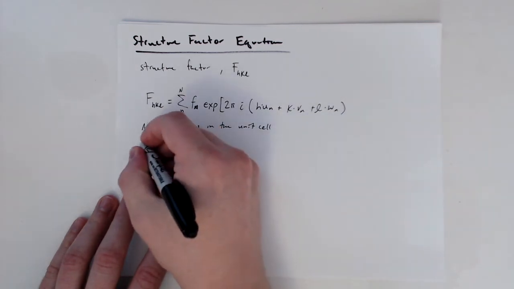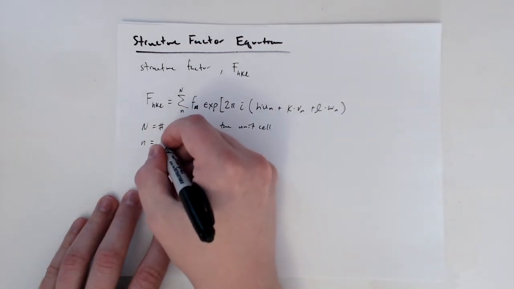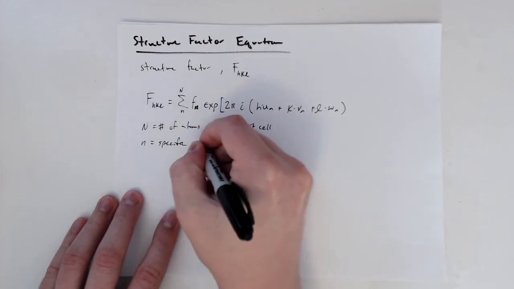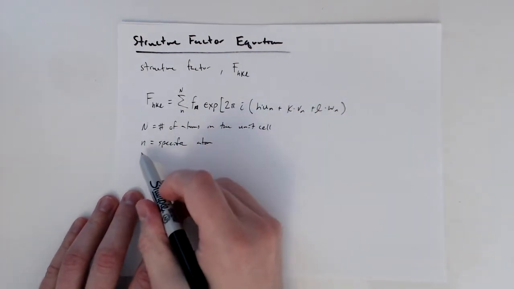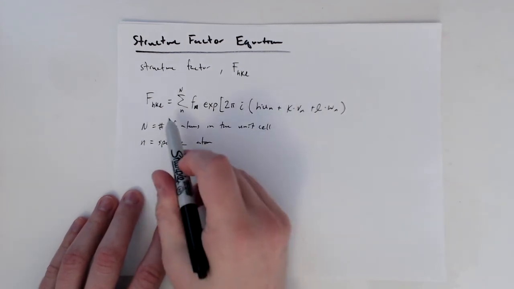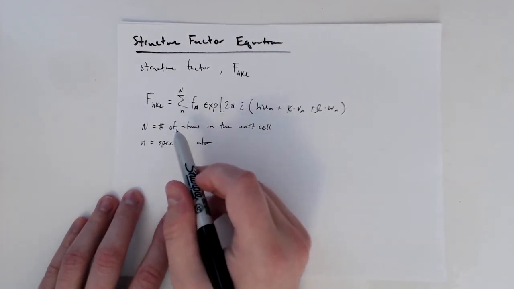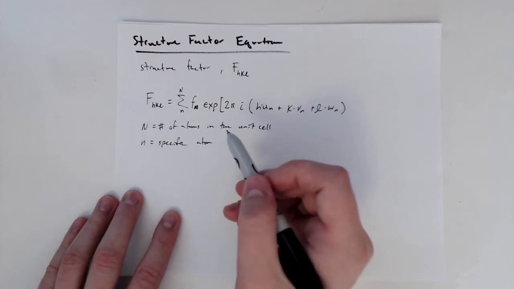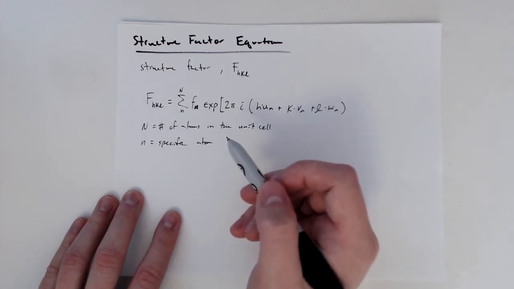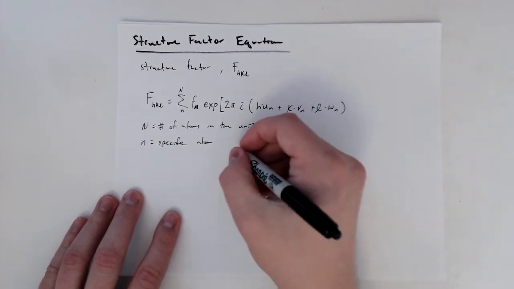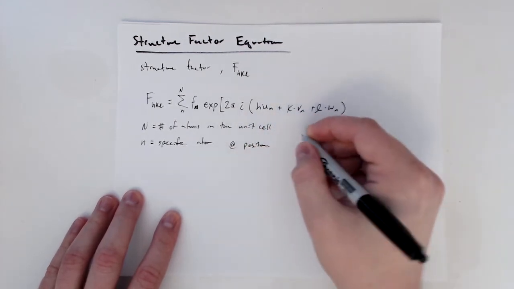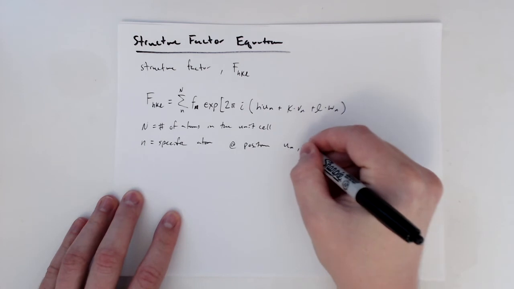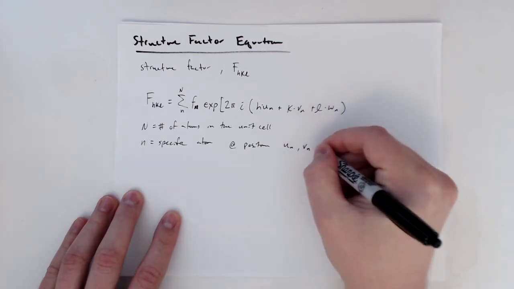And then little n is a specific atom, so basically any given one that you're looking at through the summation of the total. That's basically a counting mechanism. And then those specific atoms are at position u_n, v_n, and w_n.